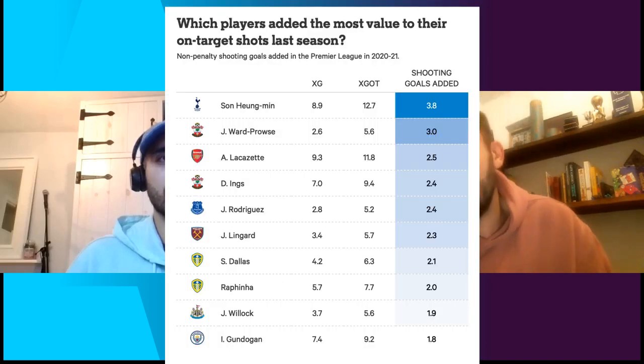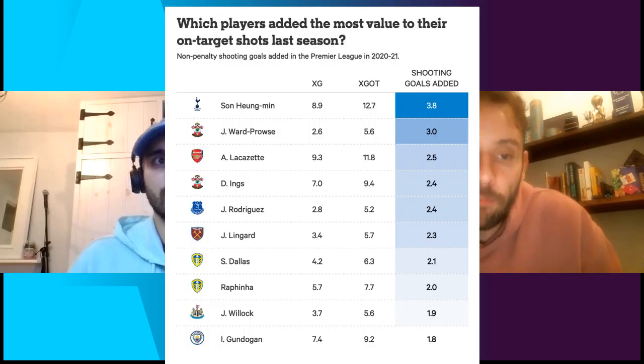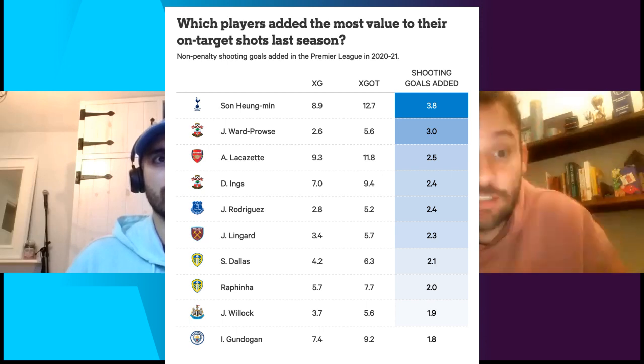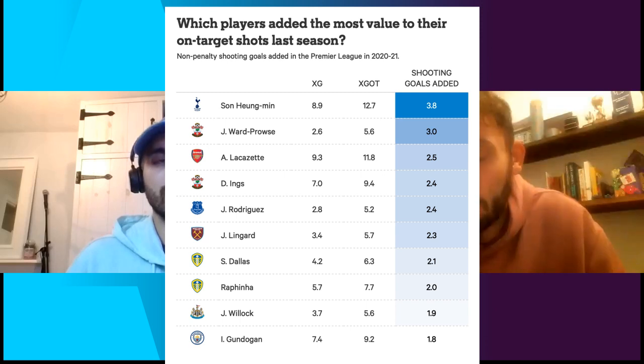And I was able to find this, to be fair, this is a couple of years old, so it's 2020, 2021, but it illustrates what I mean. So it's basically an xGOT chart. And as you'd probably expect, Son Heung-min is top. And what is the narrative around Son? He's an amazing finisher from outside the box and inside the box. And so this corroborates that.